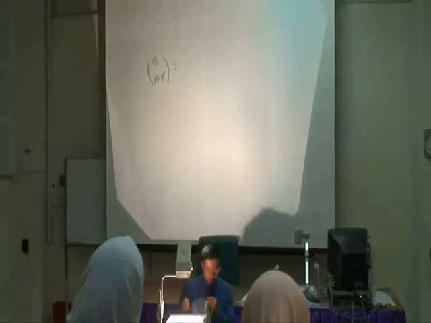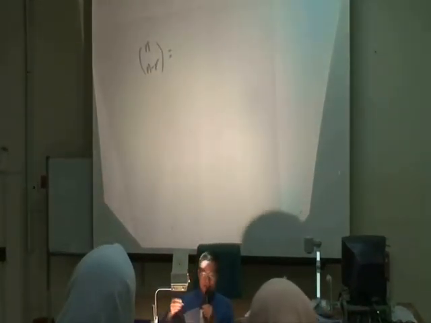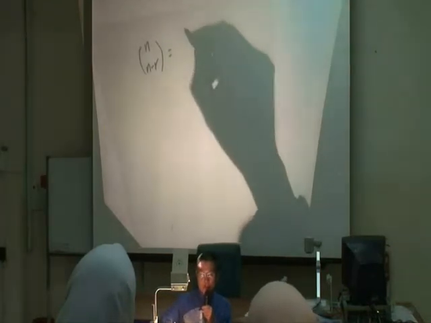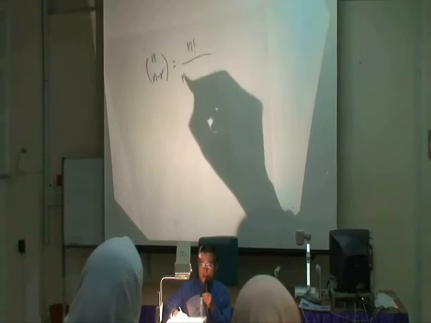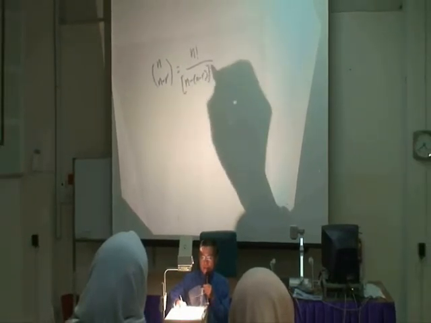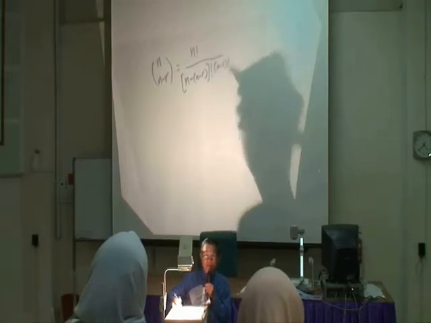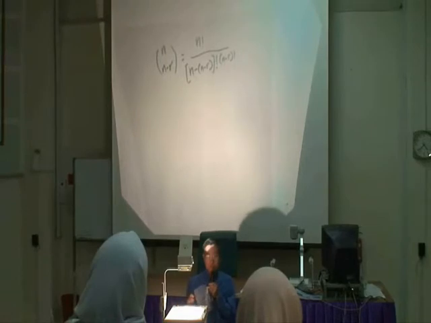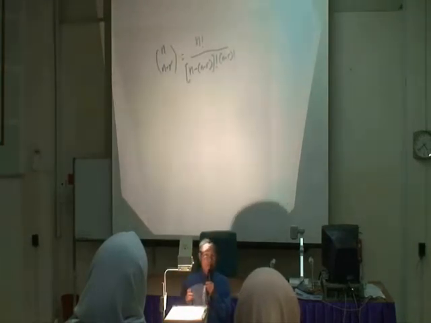If you want to show nC(n minus r) is equal to nCr, we use the definition. It is n factorial over n minus r factorial, multiplied by n minus r factorial, using the definition for nCr where r is replaced by n minus r.